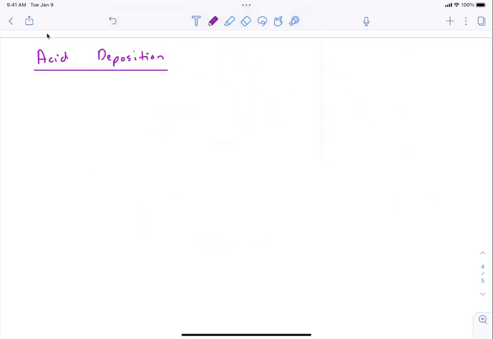Acid deposition. Okay. This is the real world application of acid bases. Remember, there are 4 or 5 different real life applications, or actually environmental chemistry, I should say, that are spread throughout all the curriculum. There's acid deposition, like acid rain. There's the ozone layer for higher level.